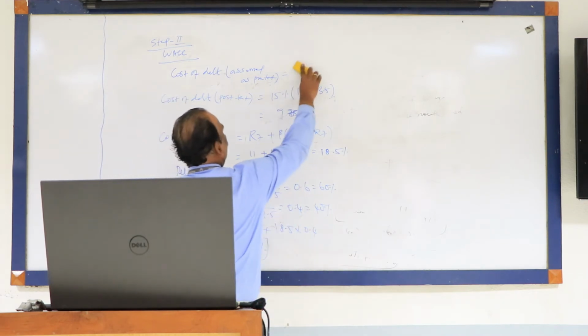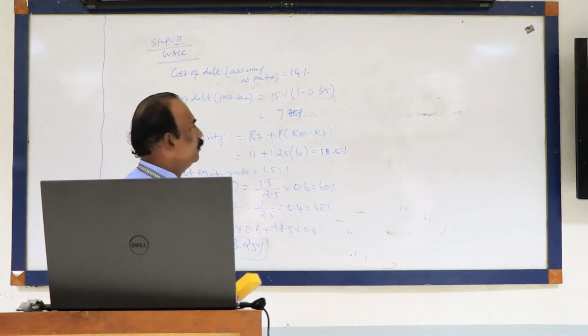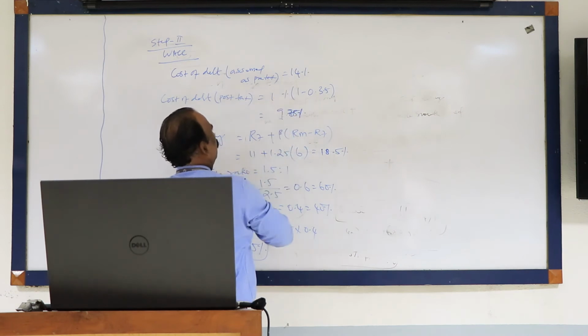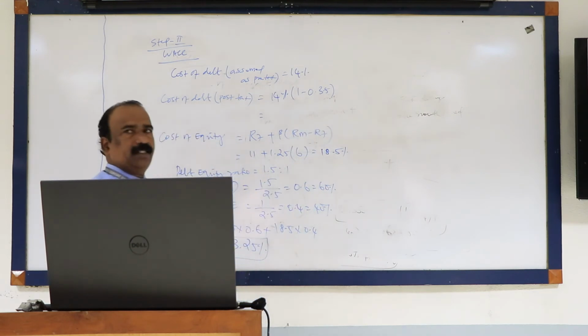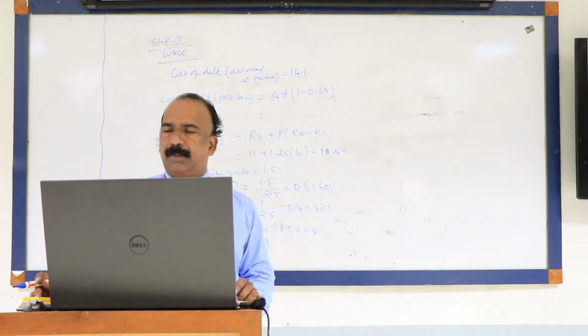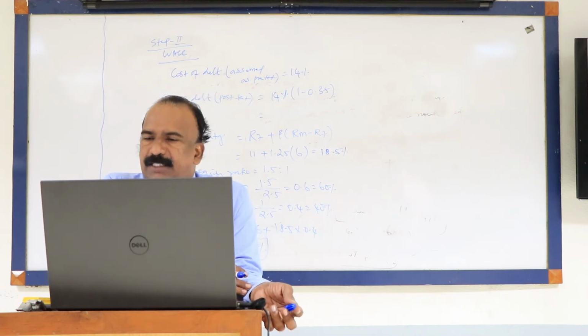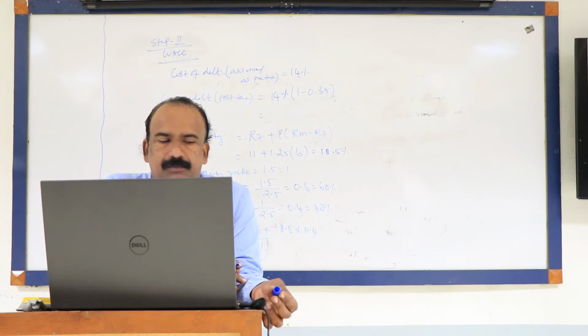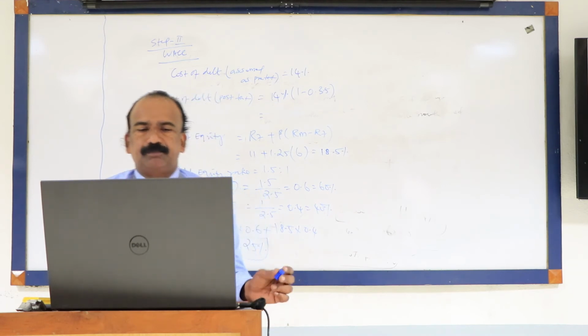Then cost of debt 14% into 0.65, that is 1 minus 0.35. 14% into 0.65, how much comes? 9.1.